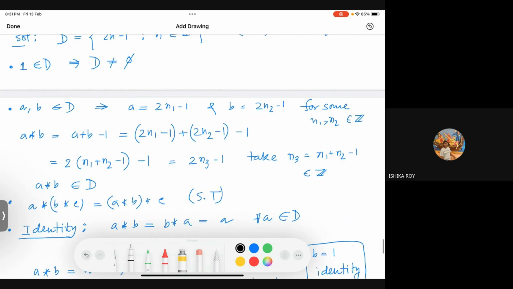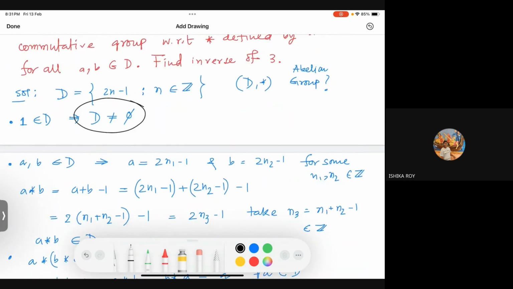Did you show that this set is non-empty? Hmm. Okay, correct.